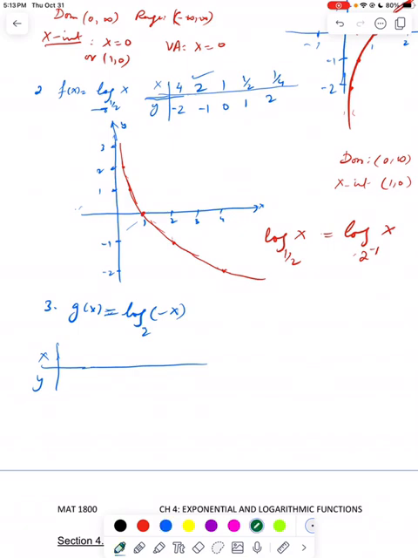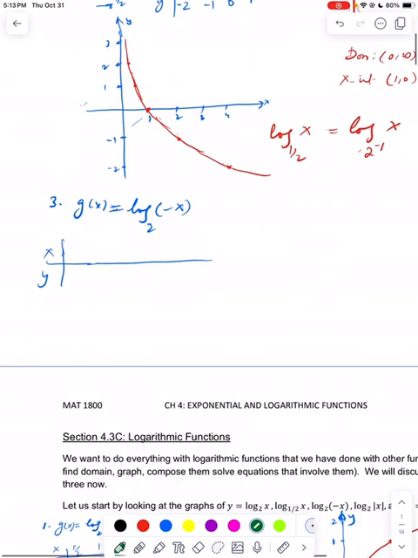So at -4, we will have the value 2, and at -2, we will have the value 1.